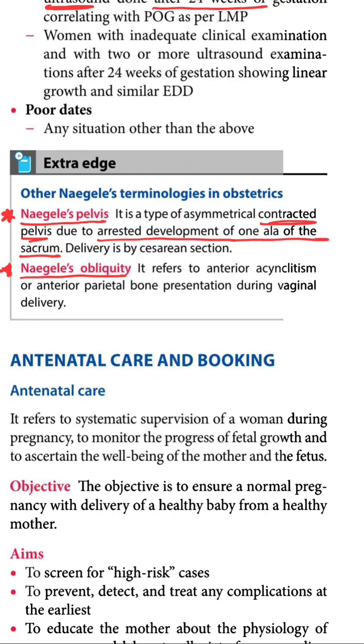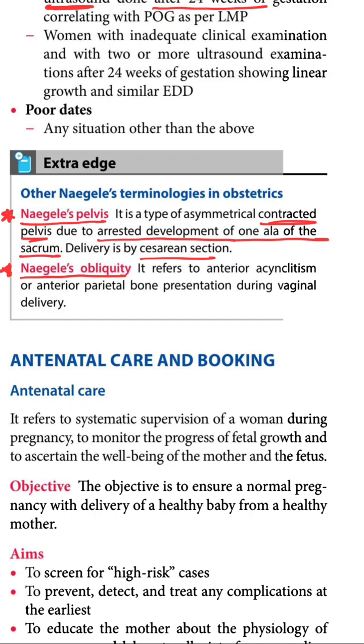So delivery is by cesarean section mainly in case of a Naegeli's pelvis. It's a type of asymmetrically contracted pelvis, and where is going to be the problem? The problem is there is an arrested development of one ala of the sacrum, and therefore you will go for a C-section in this kind of patients.